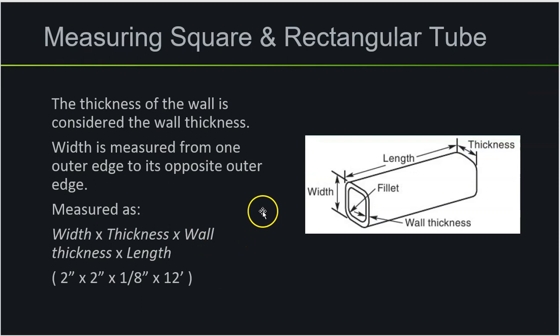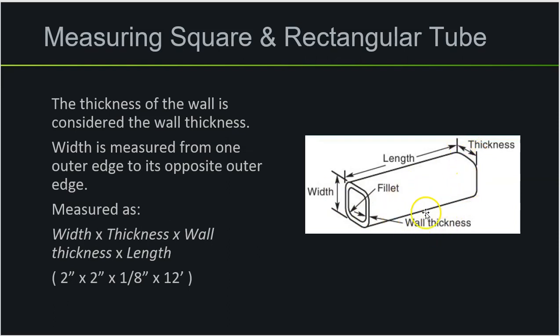Here's a basic way to measure square tubing. It can also be used to measure rectangular tubing. If you take one flat side and measure it to the other flat side, that is the width, or in this case the top and bottom flats. The left and right flats are considered the thickness, and then there's also the wall thickness.